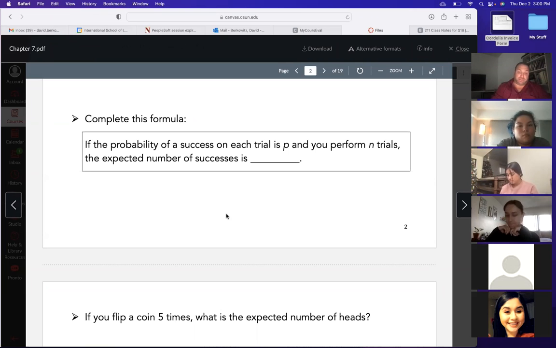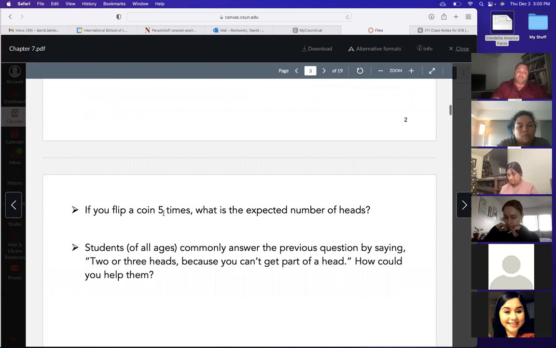0.25 times 100. If you flip a coin 5 times, how many heads do you expect to get? Well, 5 flips, the likelihood of a heads is 0.5, 50%. So I expect to get 2.5 heads. Of course, you can't get 2.5 on any one flip, which is why students of all ages commonly say, well, it's 2 or 3.